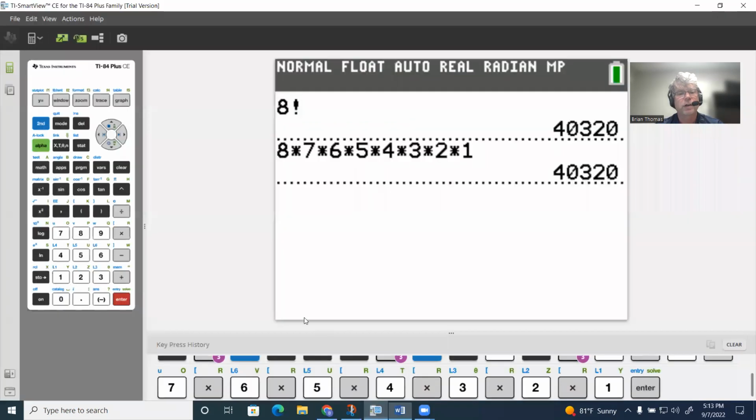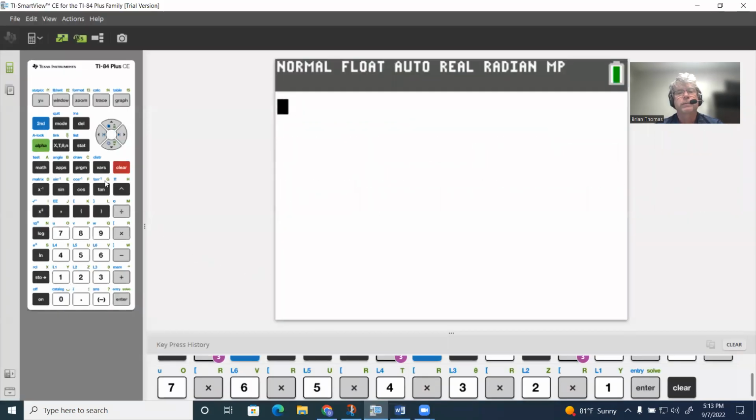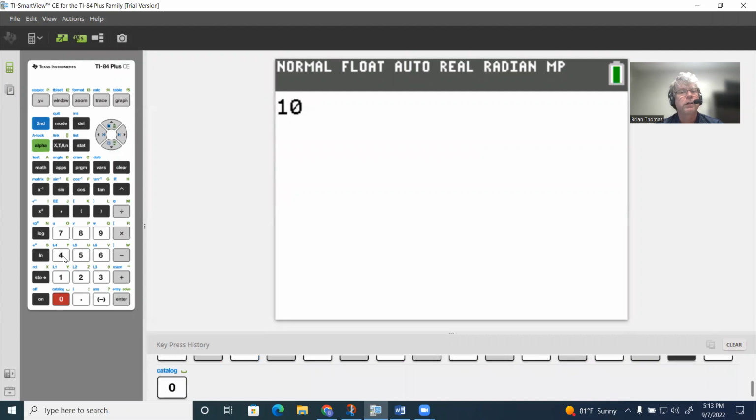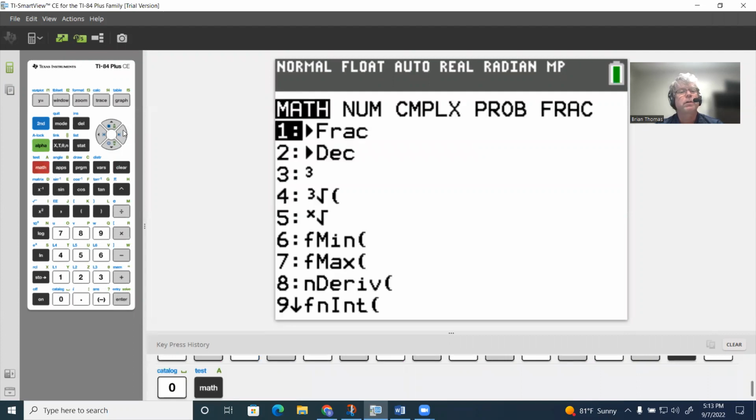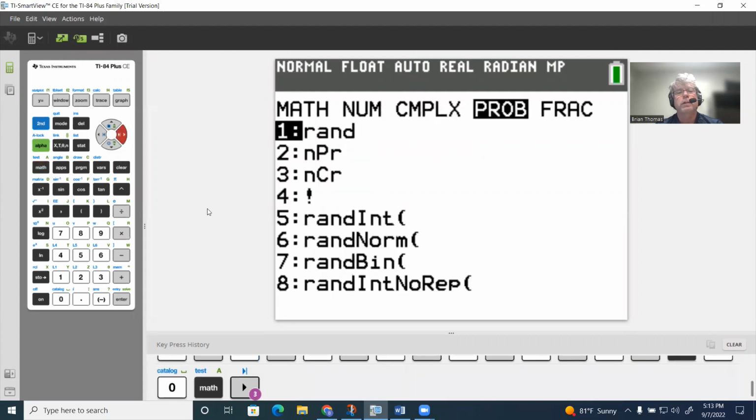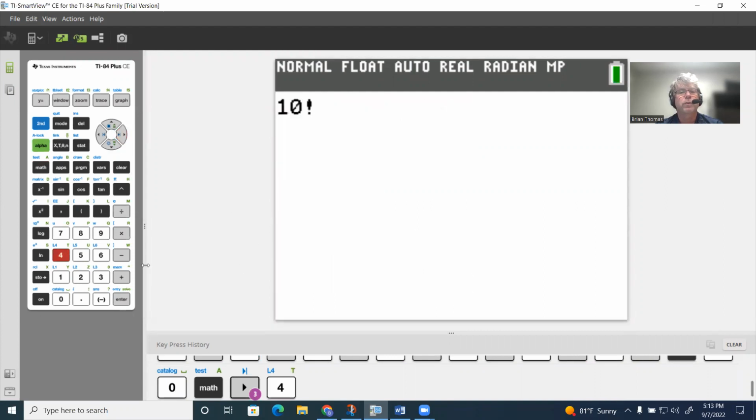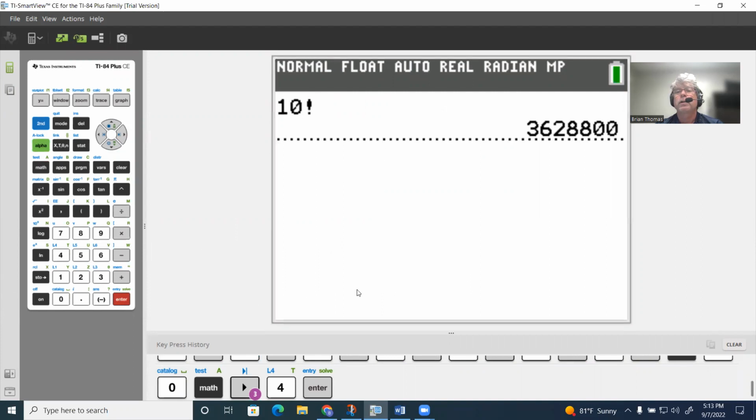So using my calculator, if I clear this off here, I can type a 10 in, and to get to the factorial, I hit the math button, use my arrow button to go to probability, and the exclamation point, the factorial symbol, is number 4. So I choose 4, and it gives me that. Hit enter, and it'll give me that number. So that'd be 3,628,800.